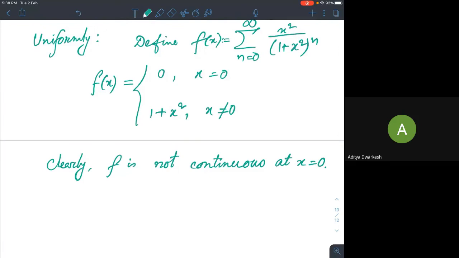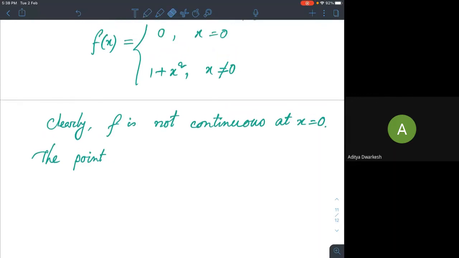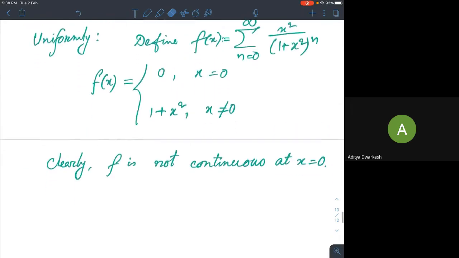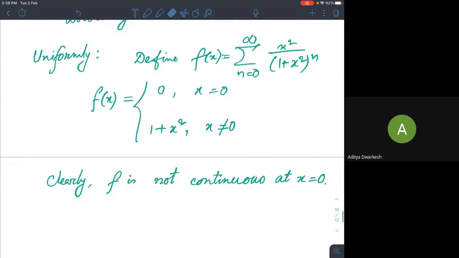Can you explain, in terms of there being an n naught for all x, why it fails at x equal to 0? Yeah, but I don't have time. That would be easy, because it will fail at 0.